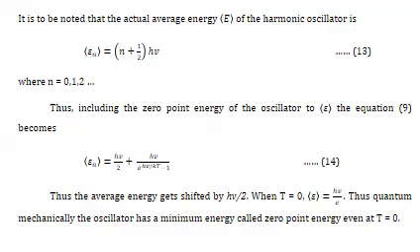At T equal to 0, the only value that remains is h nu by 2. So when T is equal to 0, as usual you are getting the minimum energy, called zero point energy, h nu by 2. So this is the first case.